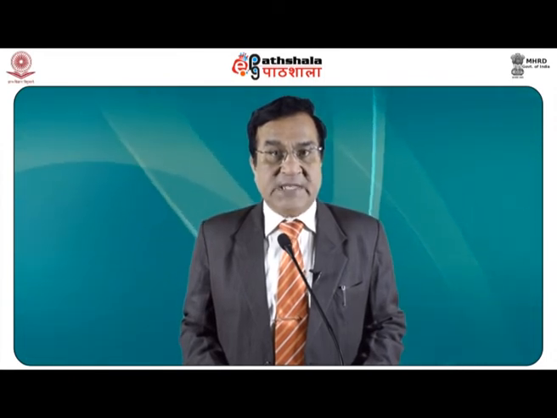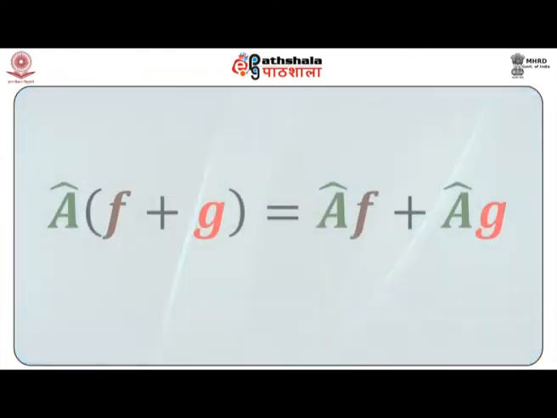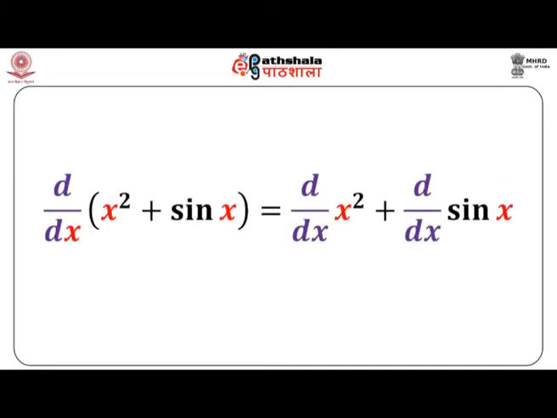When we say that it is linear, it means that when it operates on two functions f and g, it gives you A cap f plus A cap g. So that is the meaning of linearity. For example, d by dx is a linear operator. When it operates on, say, the two functions x square plus sine x, it gives us the result d by dx of x square plus d by dx of sine x. That's basically the property of linearity.